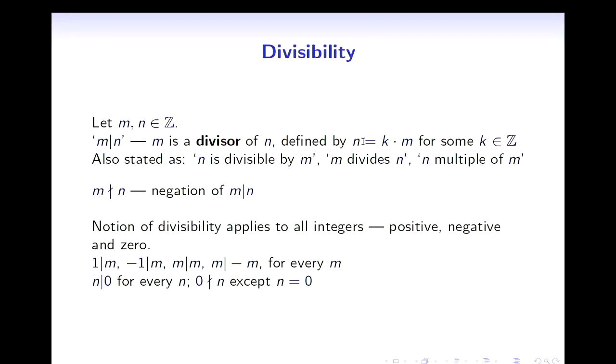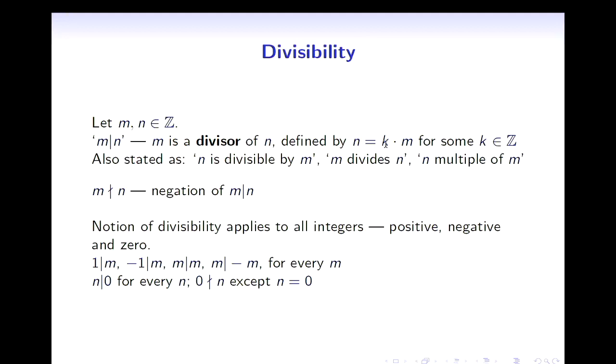A simple example, the number 15 is divisible by 5, or 5 is a divisor of 15. What would be the k that you need in order to make sure that this is the case? It would be 3, because 3 times 5 equals 15, which shows that 5 is a divisor of 15.